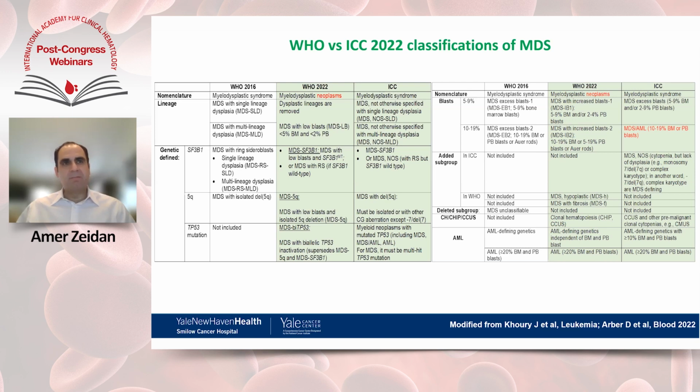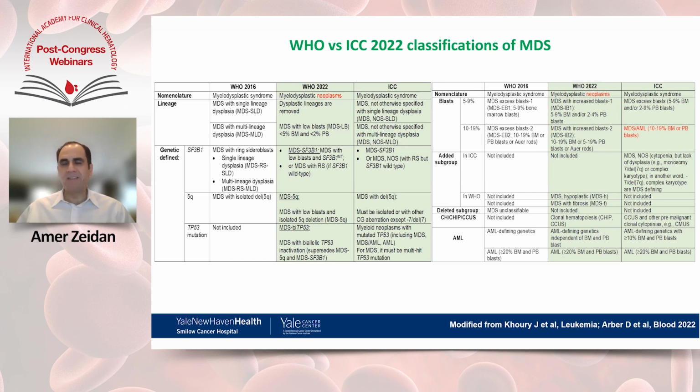And this supersedes any other diagnostic category, including the presence of del 5q and MDS with SF3B1. Importantly, both alleles have to be abnormal. The ICC also uses TP53 to diagnose TP53 mutated MDS, but the ICC also included a new category when the blast count is more than 10%, 10% to 19%.